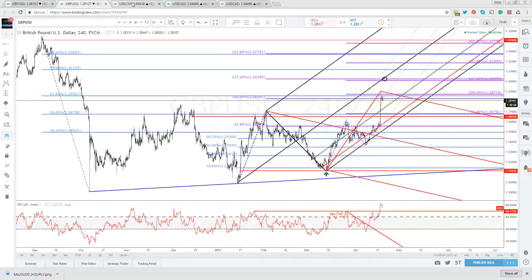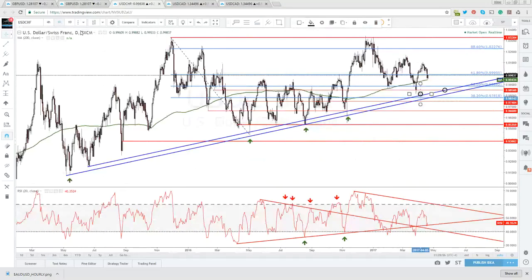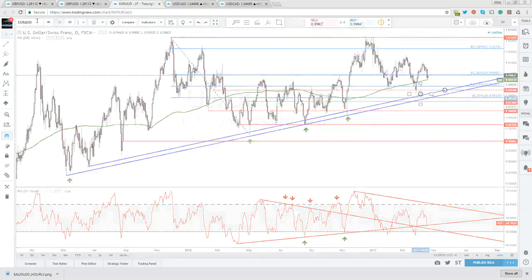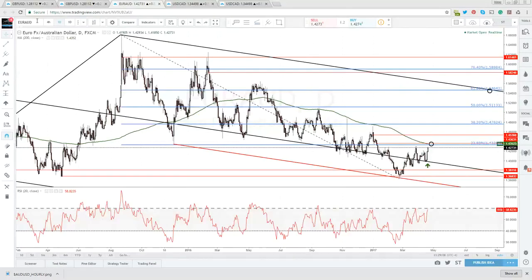Any questions? Oh, let me quickly look at the Euro Aussie, because I wanted to get in yesterday, and I was looking for a pullback, and I didn't get it, so I'm not in. But the target definitely is here, probably tomorrow. 23.6 fib, 200 SMA, daily reversal level at 43.63.